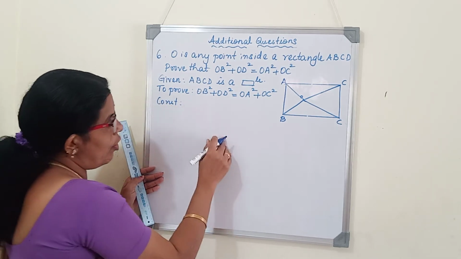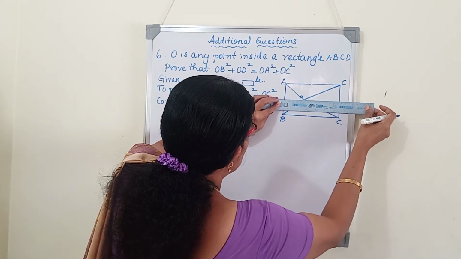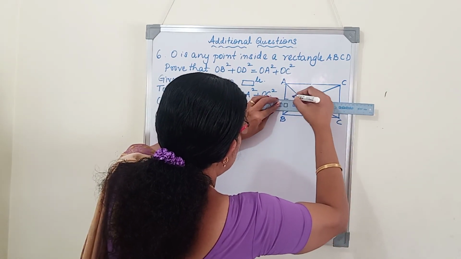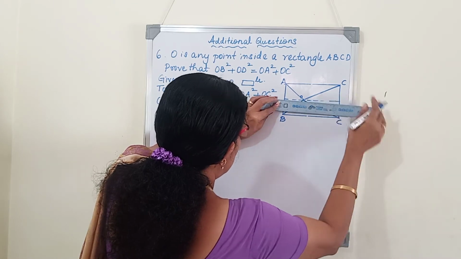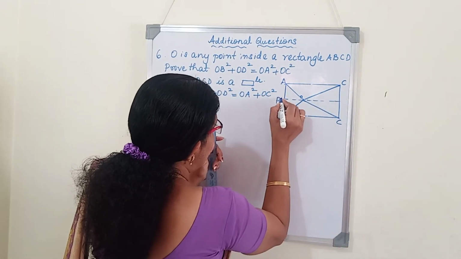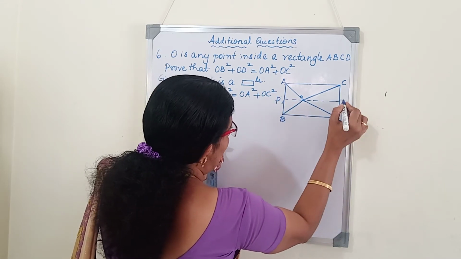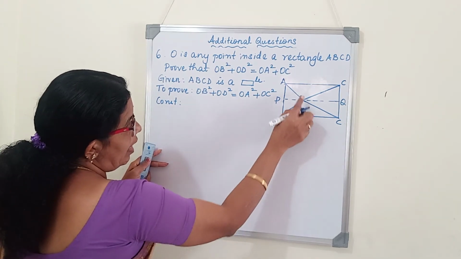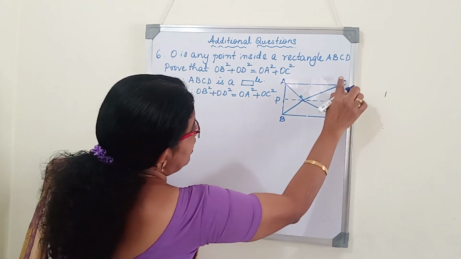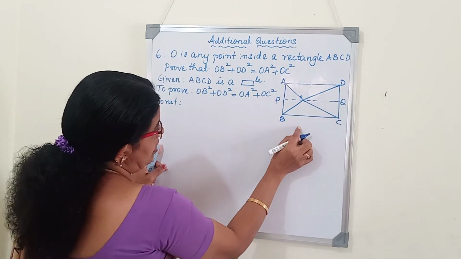Construction: draw a line PQ which is parallel to BC, any line which is parallel to BC. Here AD and BC are already parallel because it's a rectangle, opposite sides are parallel.